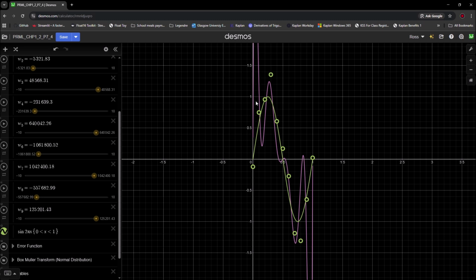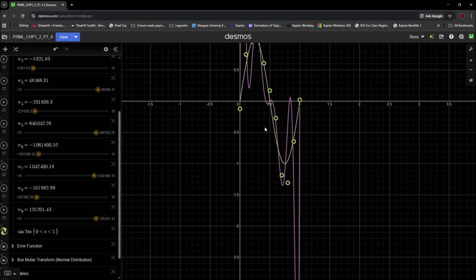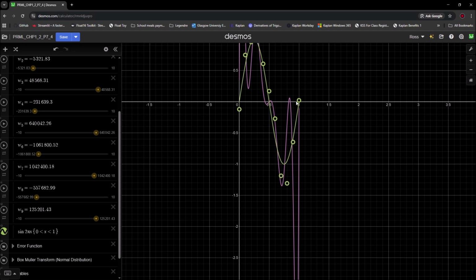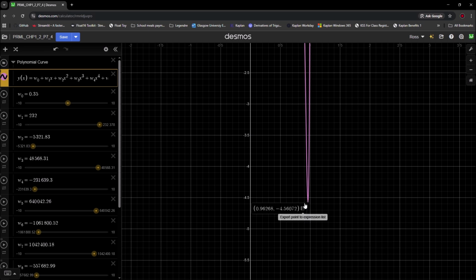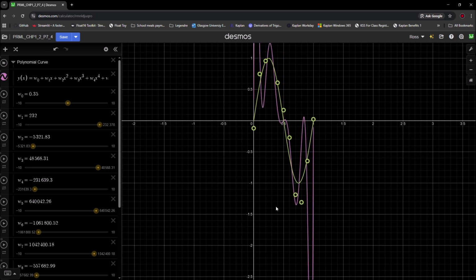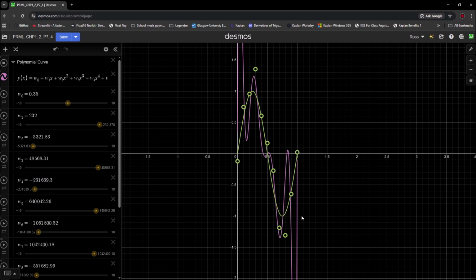Now it does match the green curve very closely at the green dots, but if we were to go to a point not at the green dots, then you can see that the approximation goes wildly astray. So for example, if we pick a point over here, you can see that the approximation is going to be way down here, which is a very, very poor approximation. This is called overfitting, and it's something we would like to avoid.